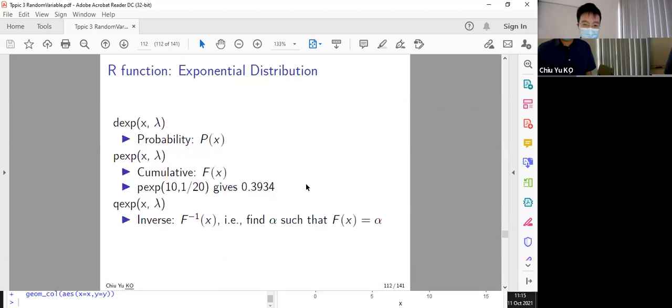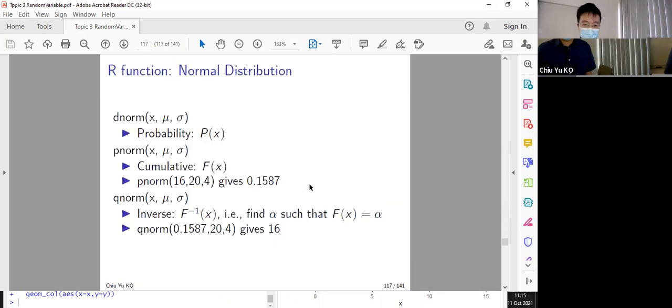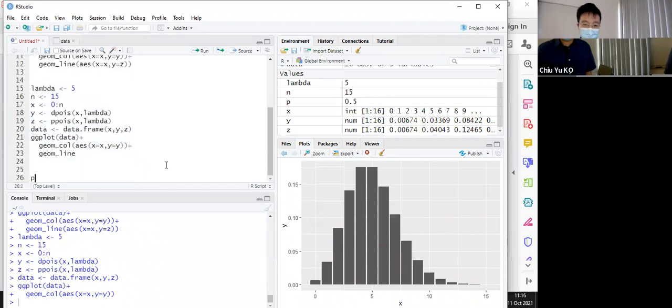The very last thing I want to highlight is normal. Probably you know already, but they use dnorm and pnorm, and qnorm will be the inverse. Just a very final one before you go. We want to show the pnorm with 16, 20, and 4.